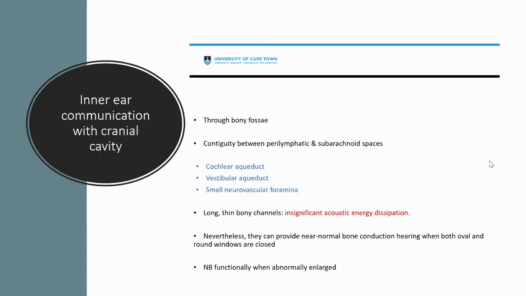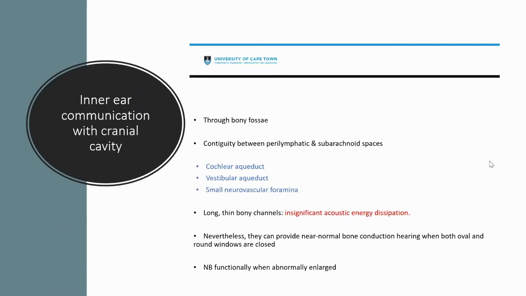But usually these connections are very long and thin bony channels. So your acoustic energy dissipation is actually insignificant when they are long and thin. Nevertheless, even though they're long and thin, these channels can actually give you near normal bone conduction hearing, even when both your oval and round windows are closed.